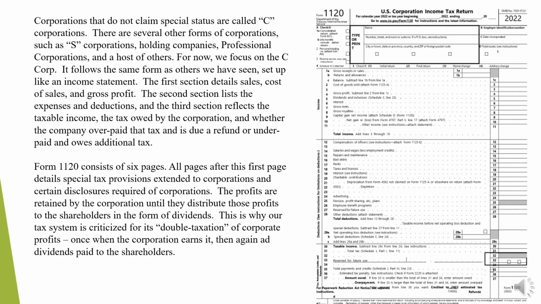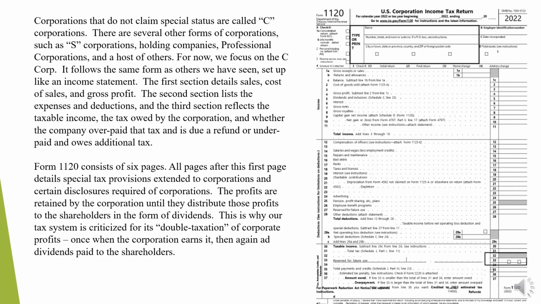Finally, we come to the tax returns for a corporation. Now, the Form 1120 is the basic form for a corporation, and if it's just a plain vanilla corporation that doesn't claim any special status, then we call this a C corporation. It's a self-contained, legal entity.